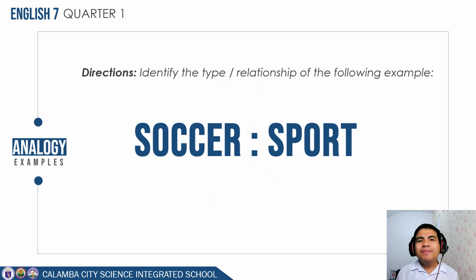Now, let me challenge you with this exercise. You identify the relationship of the following example. Are you ready? Let's start the ball rolling. Soccer is to sport. What do you think is the relationship of soccer and sport?